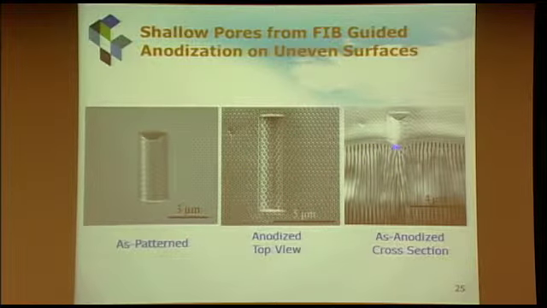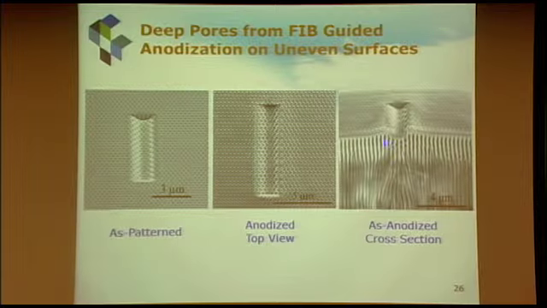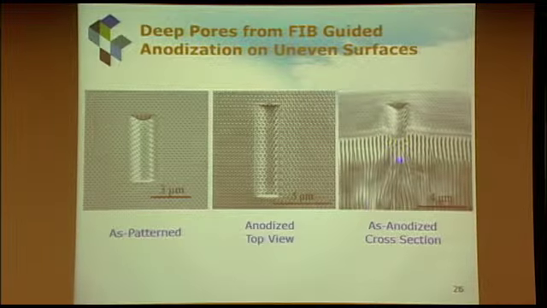So you see the pores tend to fan out, simply because the guided pores are so shallow, they grow first, they fan out like this, and then they start growing straight. Now, if we pattern the pores deeper, not as shallow as this, we can actually use this to guide the pores to grow much deeper before they fan out.